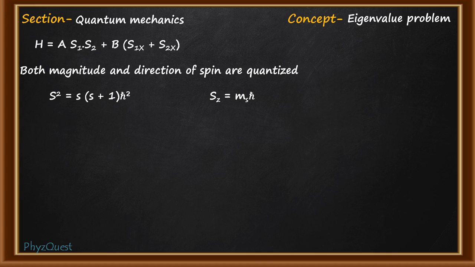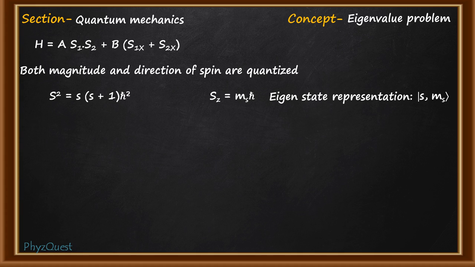In quantum mechanics, in terms of the eigenvalue equation, the representation will be as follows. If S² and Sz are the spin operators, then the eigenvector can be written in bracket notation as |s, ms>.